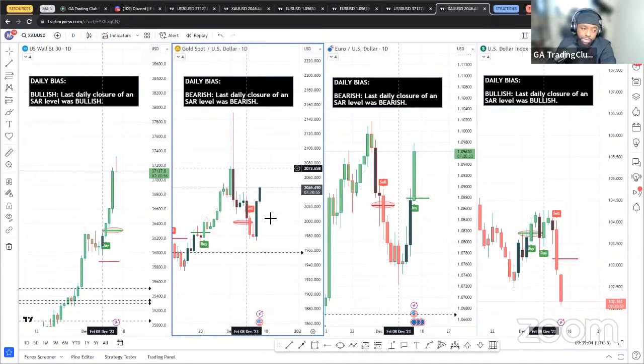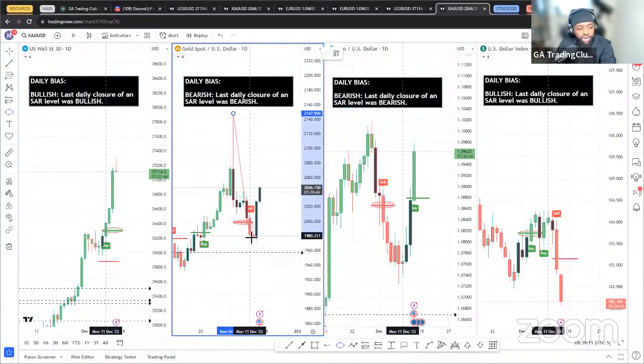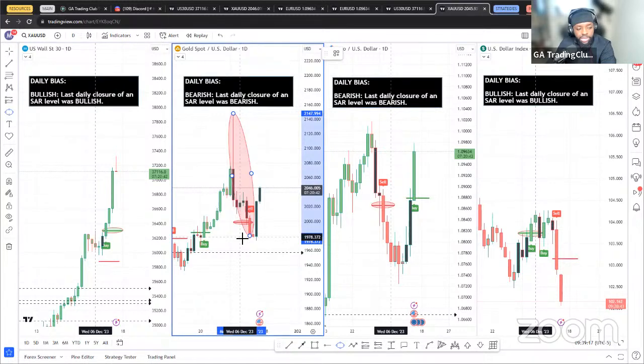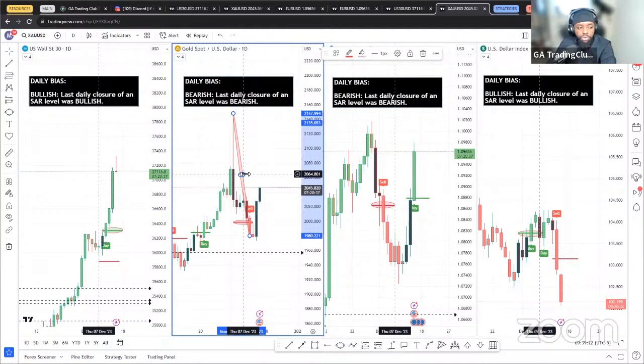And I did expect this with gold, even for the EA, because my issue with gold was this range. When it created this high right here, the distance between when the SAR was created and the previous high was a $170 move.